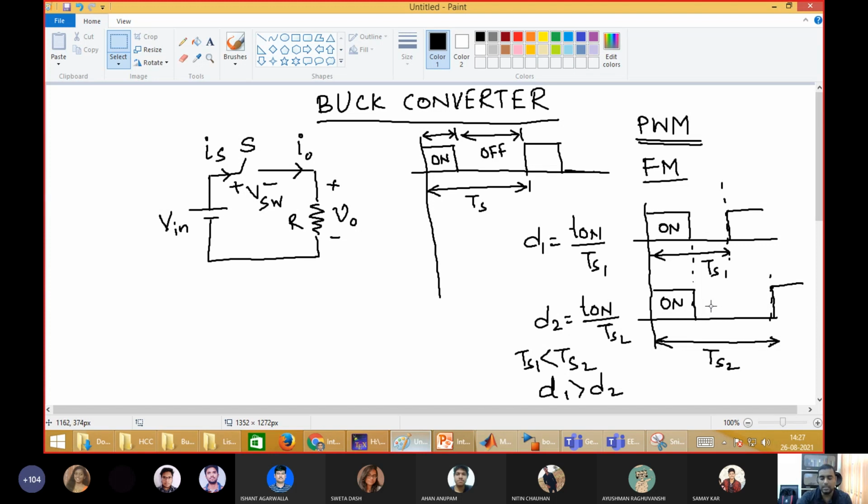The other major disadvantage of frequency modulation is this: the device is switching on and off. You must know that when a device is switching on and off, there is a loss. Switching loss occurs in that device, so you design a heat sink for that device. If the switching frequency is constant, then the switching loss is almost constant. It will depend on load current as well, but at rated condition the switching loss will remain constant.